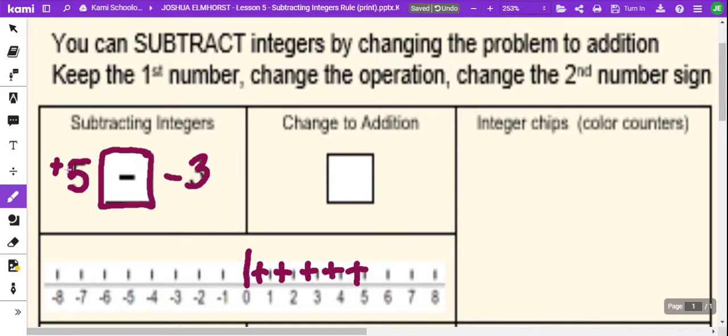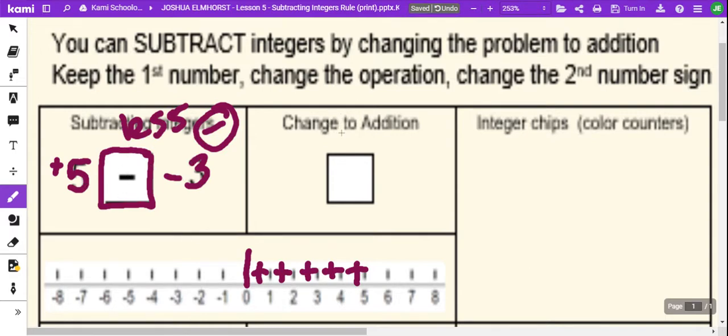is negative 3. So I have 5 positives, and we're going to treat subtraction as we're going to end up with less of something. I have 5 positives, and then we're going to end up with less of something. The second integer is negative. So the idea is I have 5 positives, and we're going to have less negatives.